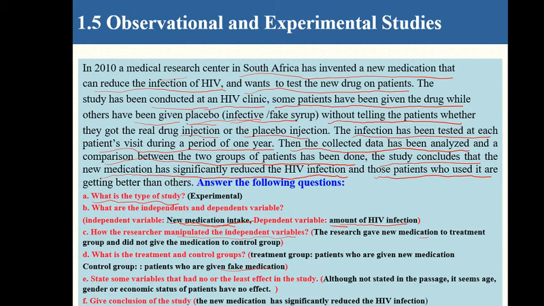Now, let's state some variables that had no or the least effect in the study. In this passage, the other reported variables are not explained, so we don't see them. But we can think ourselves, it seems like age, I'm sure it's the age of the patients that is reported, or their gender or economic status.